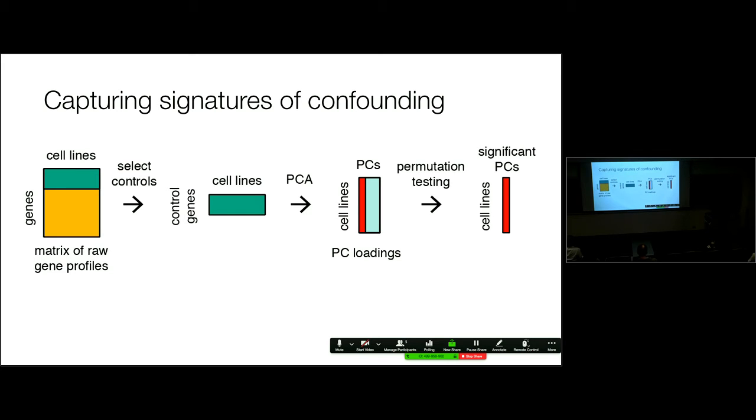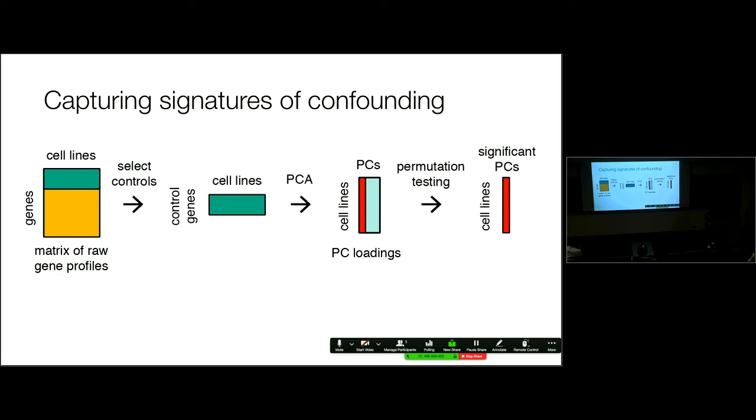these data sets. This data set starts out as a big giant matrix of genes by cell lines, where each entry represents the CRISPR knockout effect size. And what I'm going to do is select some control genes, which are the olfactory receptors. Alternatively, you can choose unexpressed genes and get more or less the same result.